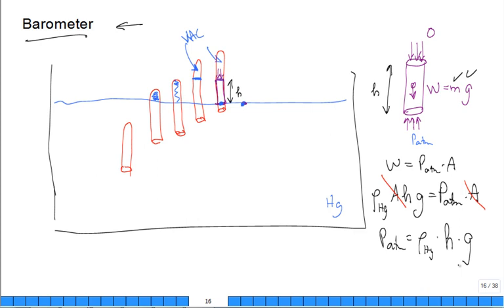No. Which one's going to have a lower column height of mercury in the barometer, Denver or Houston? Denver, because it's higher elevation, the lower atmospheric pressure. The atmospheric pressure pushes it up in that barometer. Make sense?